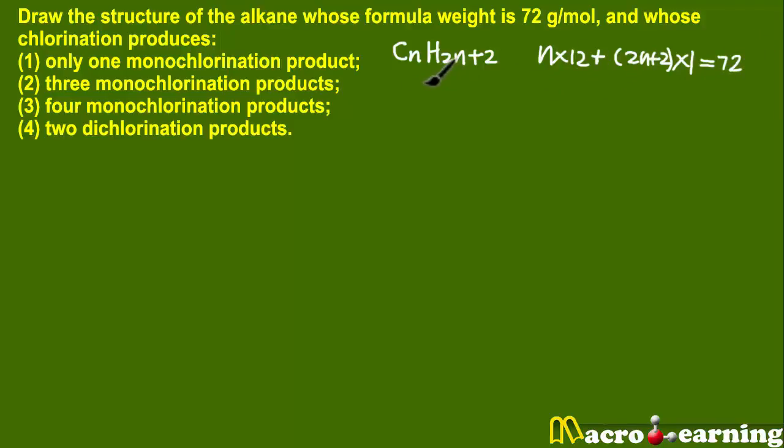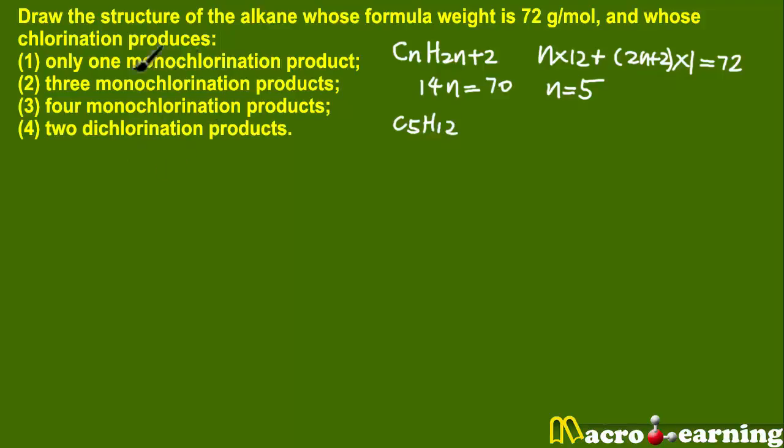So from there it's 14n equals 72 minus 2, which is 70, so n equals 5. So it's going to be C5H12. It's a 5 carbon alkane, which is a pentane.